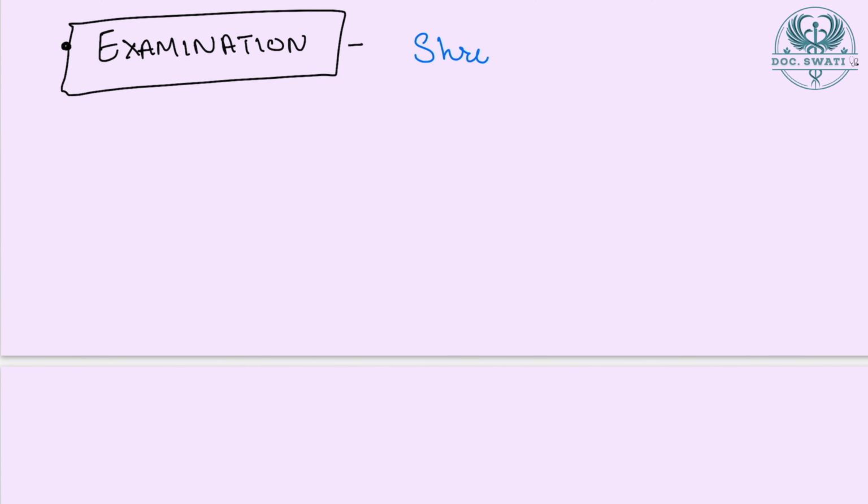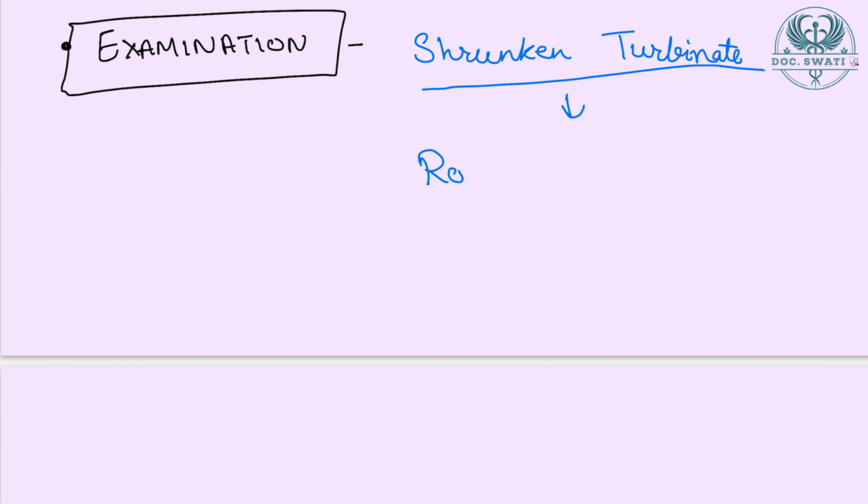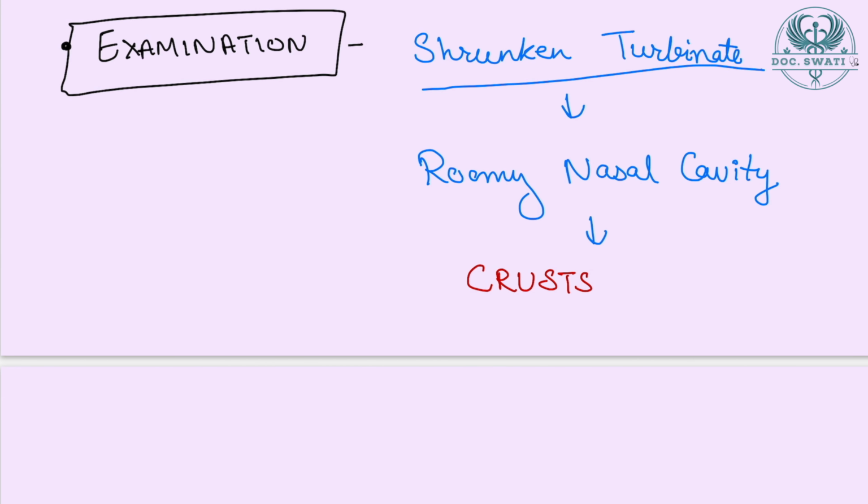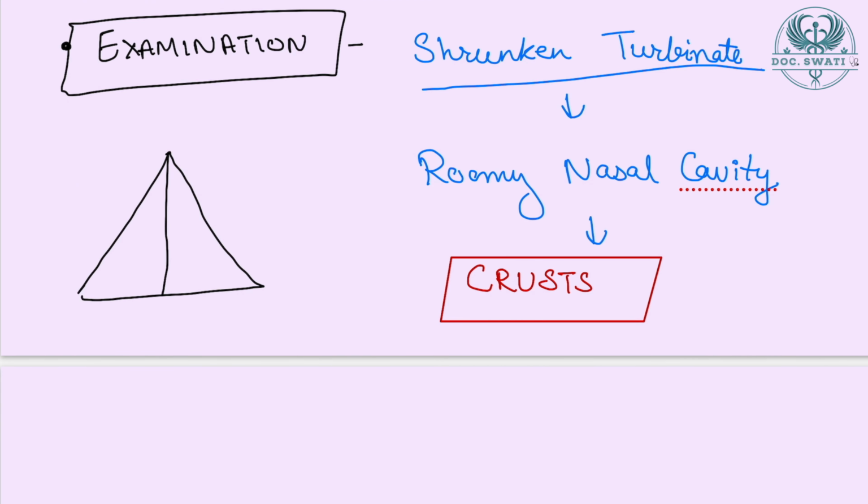While examining a patient of atrophic rhinitis, shrunken turbinates are seen, which leads to a roomy nasal cavity which has crusts in it. So let's understand with the help of this diagram how and where crusts are located.